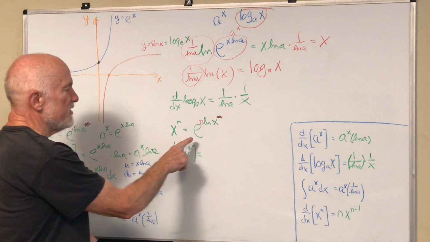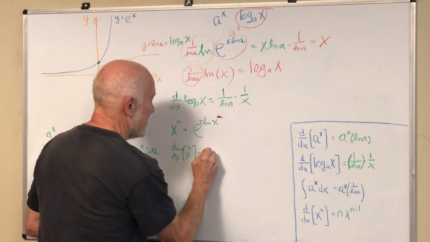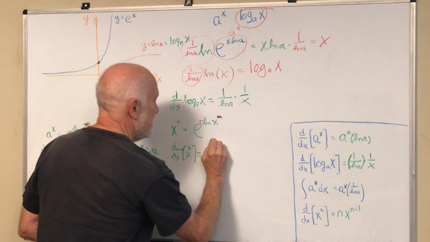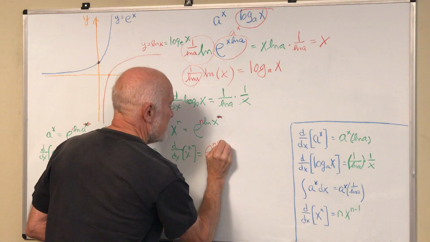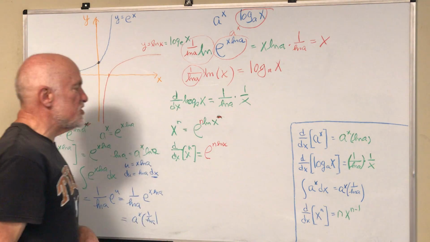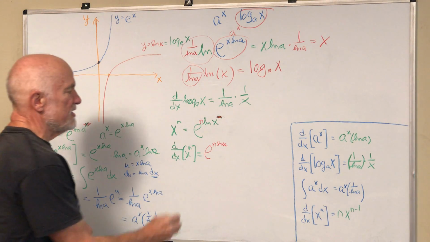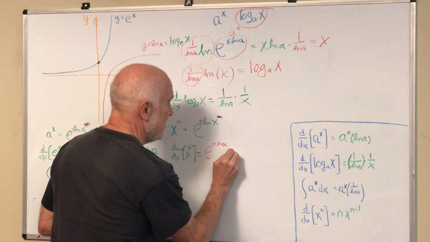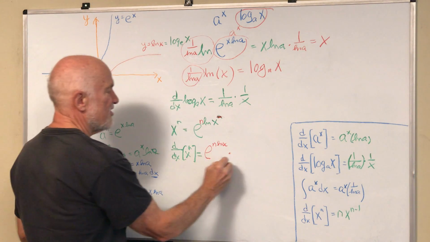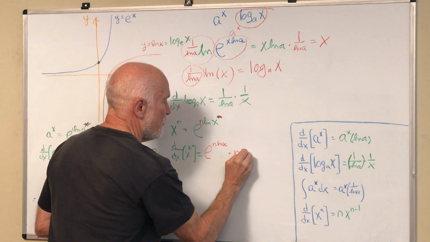So what's the derivative of e to something? It's e to whatever that function is. Then we have to finish the chain rule and multiply times the derivative of that function. So what's the derivative of that? It's this constant times 1 over x.